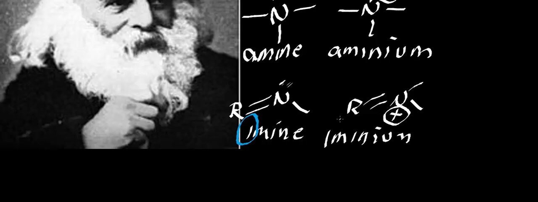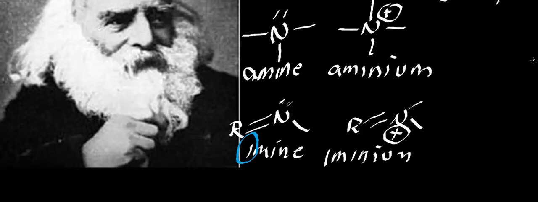Now, one thing that makes this difficult nomenclature is that when you say amine or imine, a lot of times you can't tell what the person is talking about because they sound very, very similar. By the way, these particular compounds were discovered by Hugo Schiff.